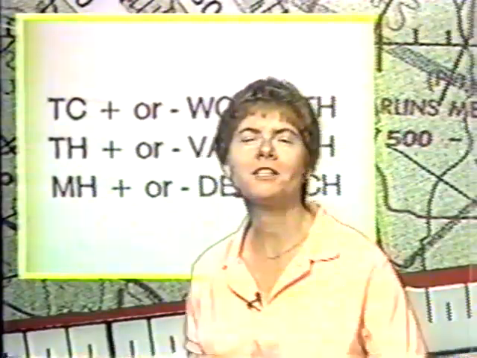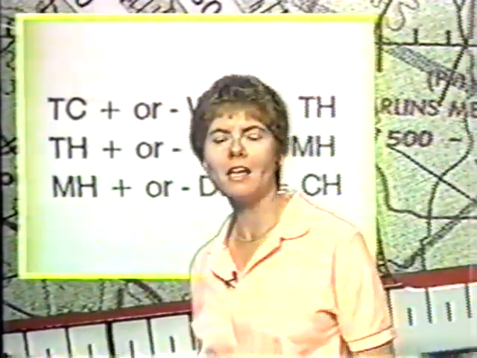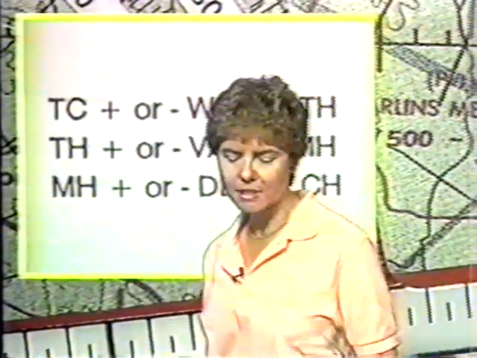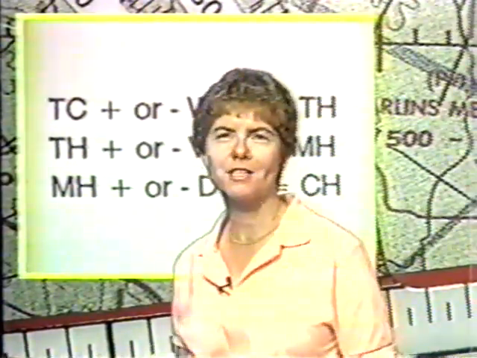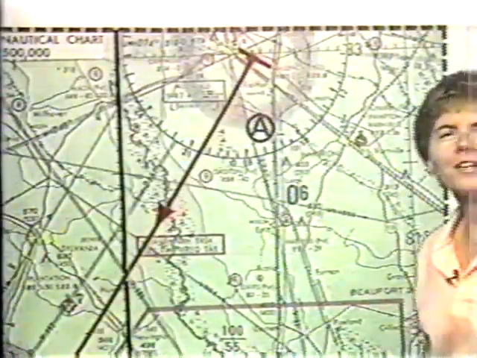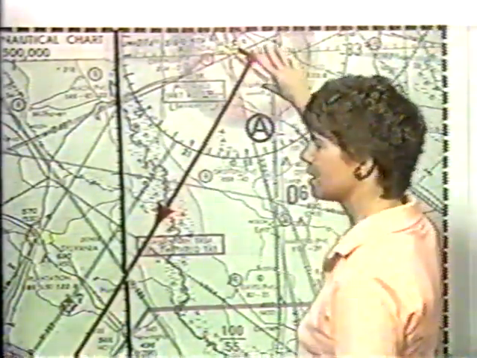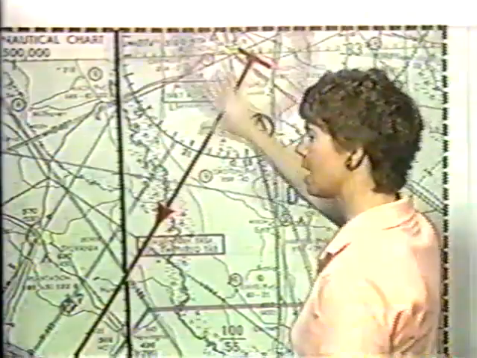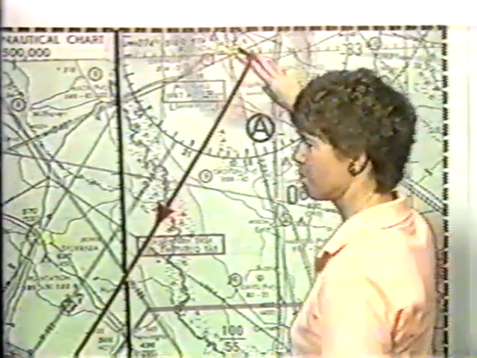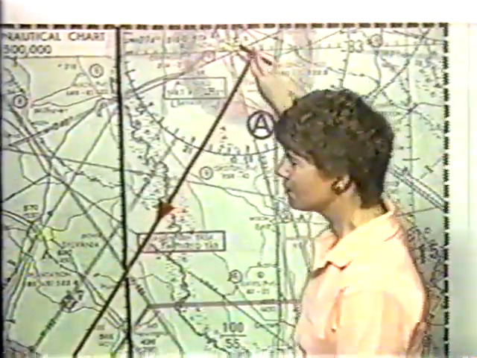Okay, let's put all of this into play, and to do that, let's take a look at Figure 17. Now on Figure 17, let's start up on the top, a little bit to the right of the center, roughly area A at ALLLLL Airport. And we've drawn a red line on our chart here going down to the southwest.